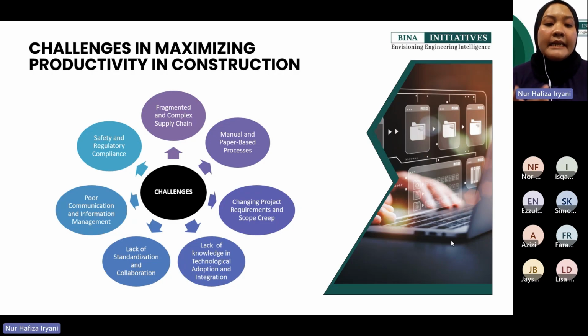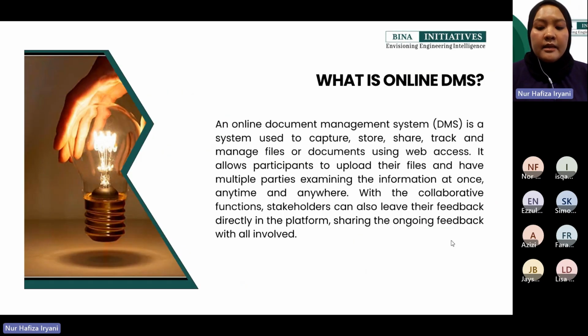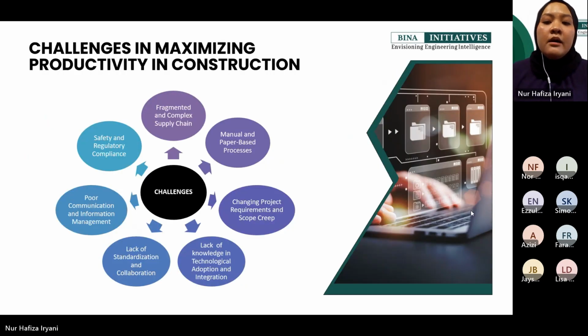And then lead to rework. Like I said before, we need to rework. And when you need to rework, it affects the time and cost. And of course, this can impact your project cost. Your project cost will increase. When your project cost increases, it will impact the overall productivity.